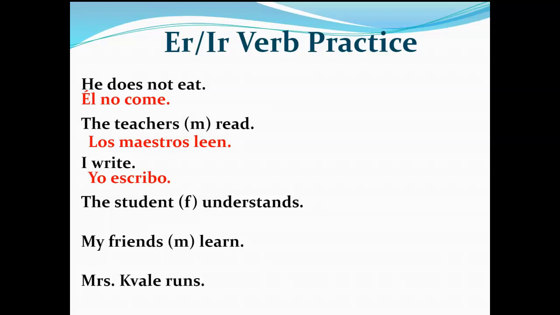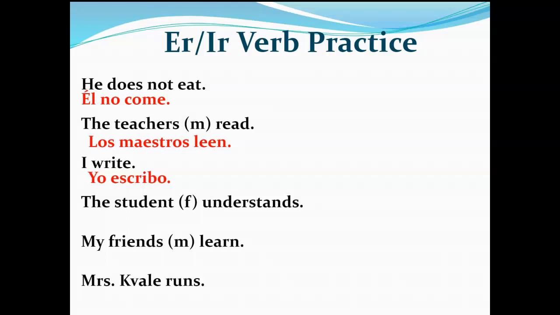All right, the next one, the student. One student that's a female understands or comprehends. Okay, so again, if I say she understands what I'm saying, she understands what she's reading, we're talking about comprehend. The student, one female student, understands.